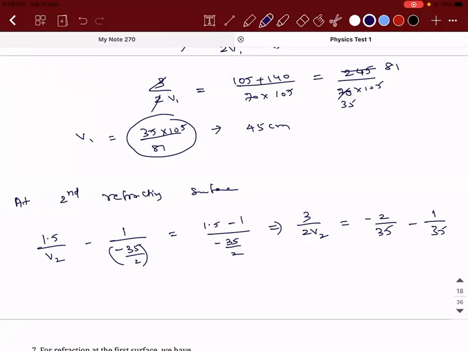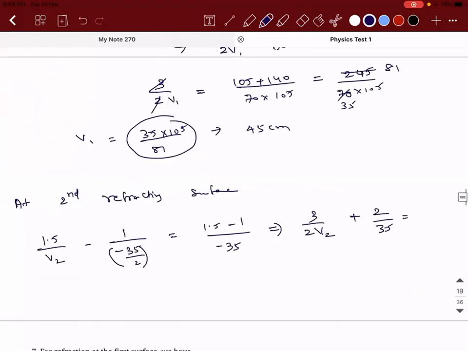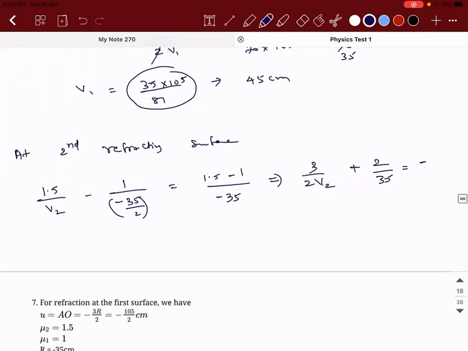Right? So 1.5 minus 1 divided by R. Sorry, I made a mistake. R is minus 35 now. So this will be 3 divided by 2V2 plus 2 divided by, is equal to 1.5, so it is minus 1 divided by 70.